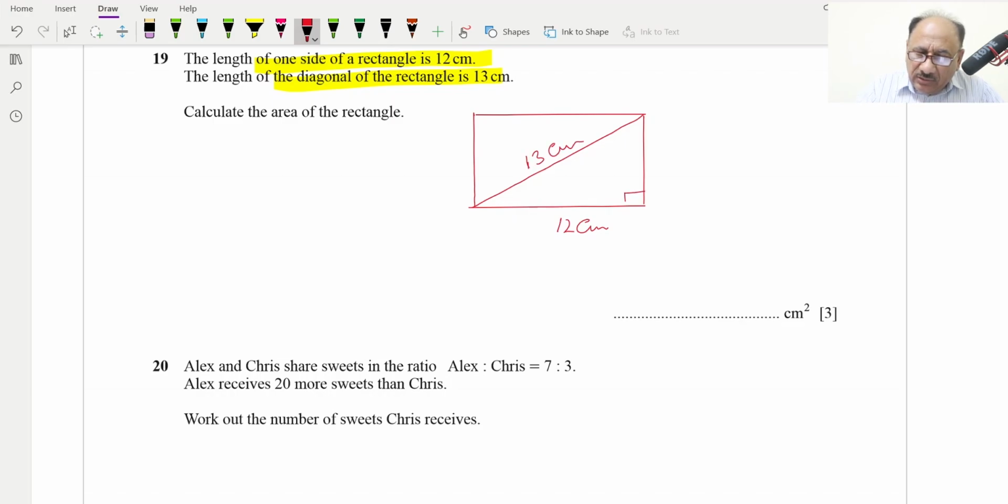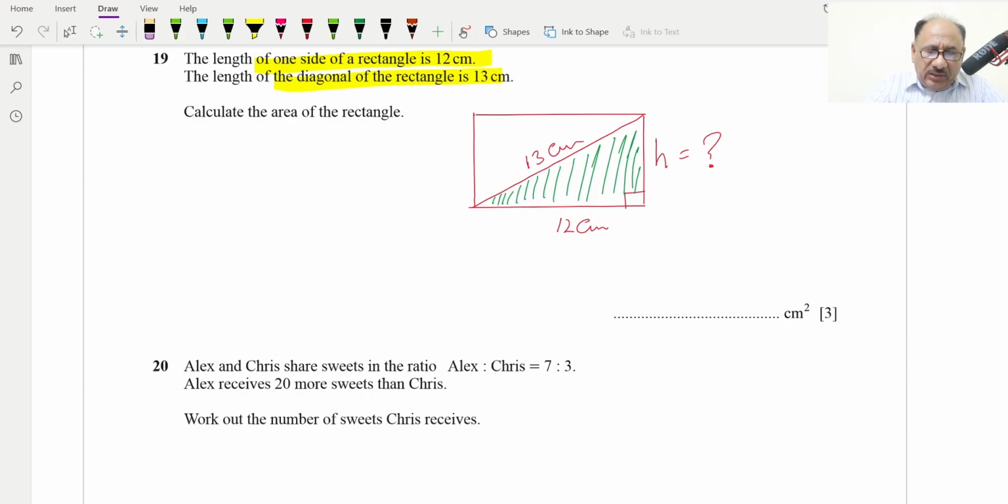This is a rectangle, so this will be 90 degrees. Now we can consider this triangle, and in this triangle we can apply Pythagoras theorem and find the value of this h, which we need to find basically, so that we can find the area of the triangle.